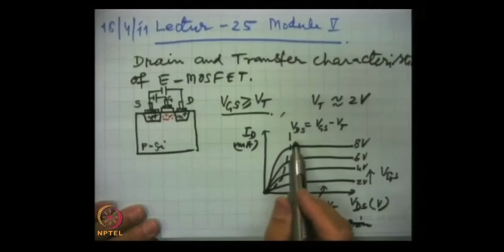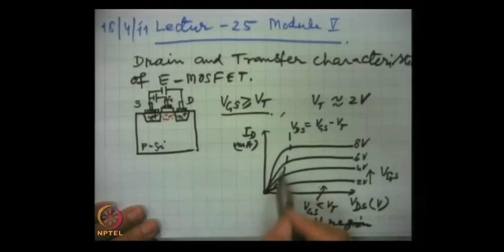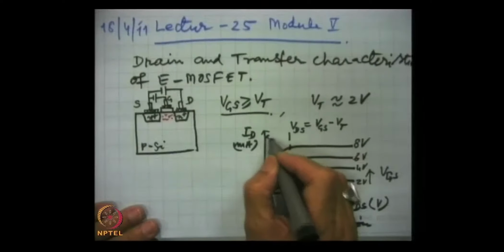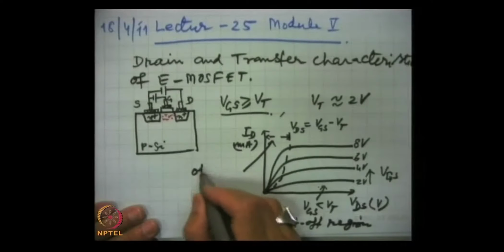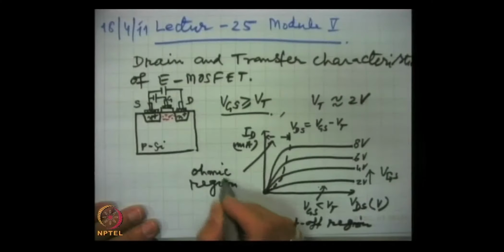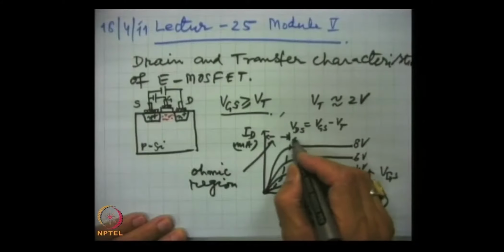And on the left of this dividing line, this is the ohmic region. And this is the saturation region.